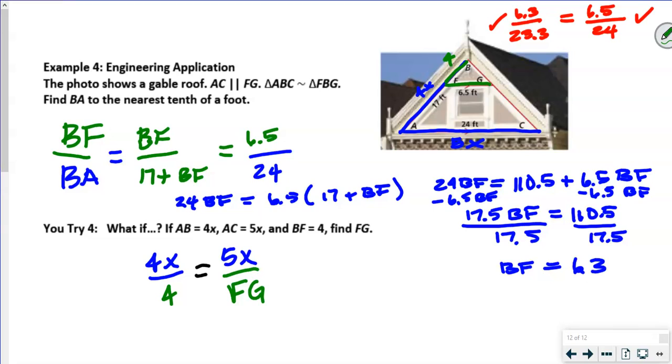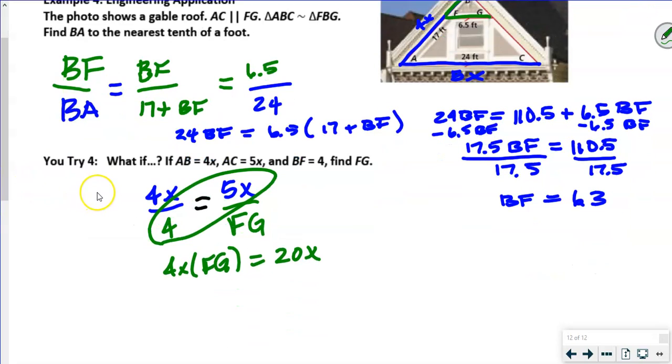Okay, let's cross multiply this. So that would be 4x times our FG is equal to, right here, isn't that going to be 20x? Okay, how do we get rid of the 4x? We divide both sides by 4x, right? What happens to the x's when we divide both by the x's? Don't they go away? So what is 20 divided by 4? So FG is 5.